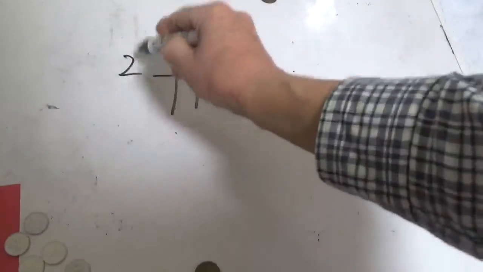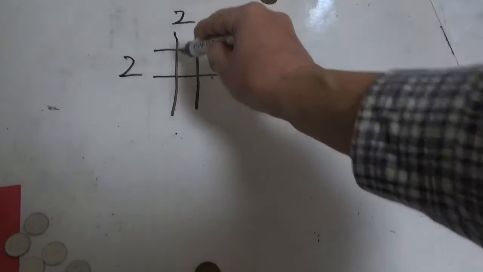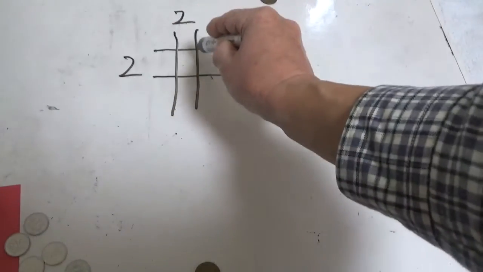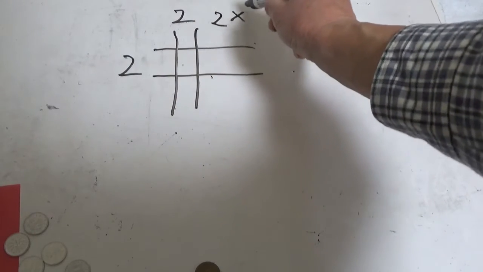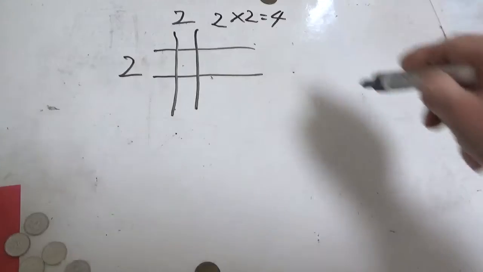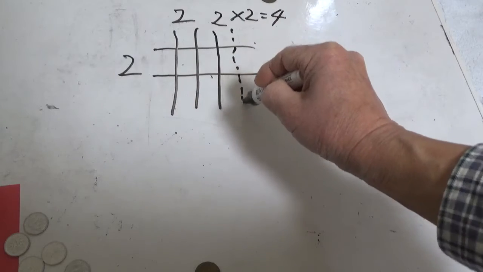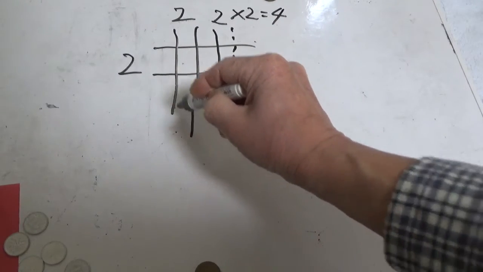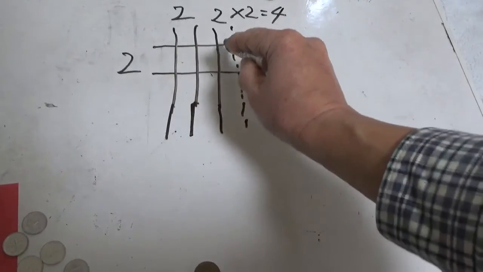I will explain multiplication of negative value and positive value. This is 2 multiplied by 2. So it's 1, 2, 3, 4. It's 4. Okay? Let's add 0. So the points 1, 2, 3, 4, 5, 6.